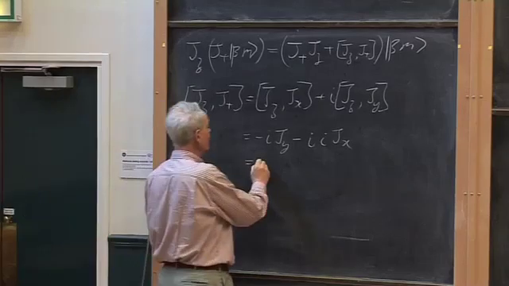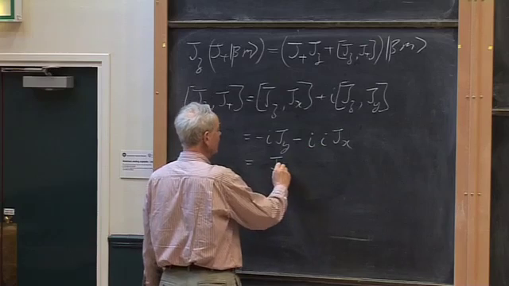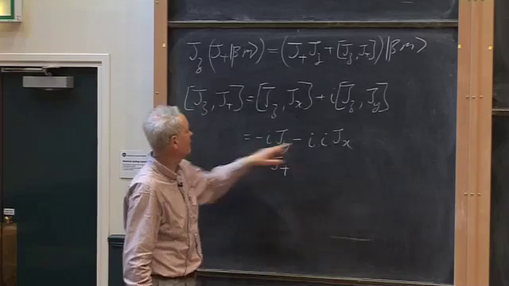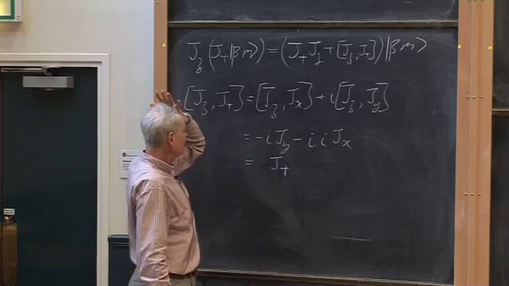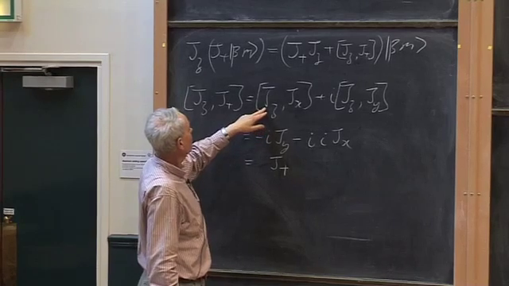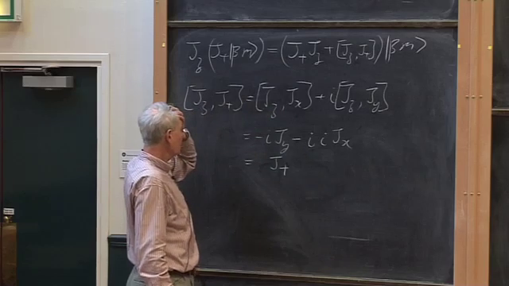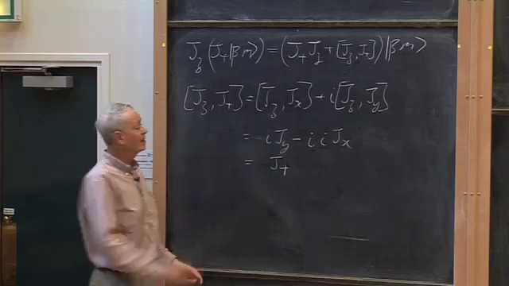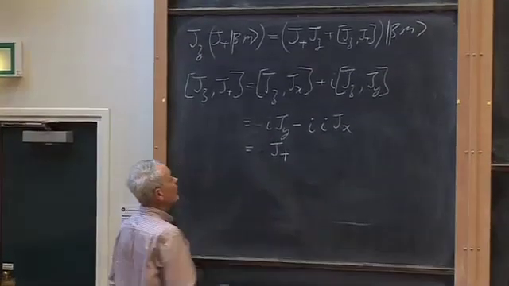So this is going to be J plus, because these two i's are going to make a minus sign, cancel this, we're going to have Jx, it has to be plus. What's gone wrong here is I've goofed presumably in that x, y. Yes, I've goofed in that, sorry. I'm always bad at this cyclical ordering. So it is equal to J plus.